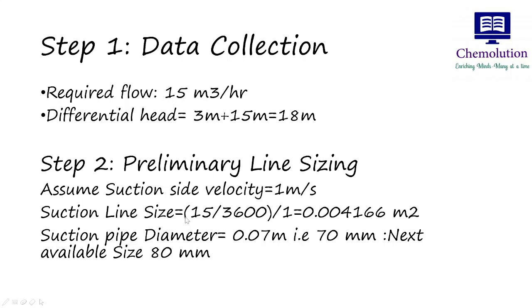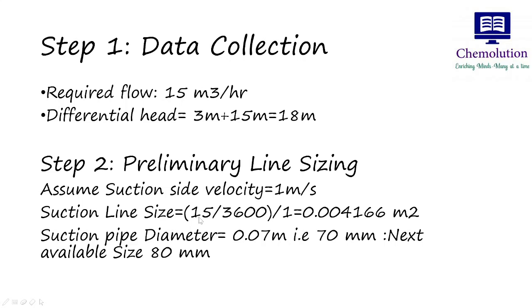So we apply the continuity equation, which is Q equal to A into V, where Q is flow rate, which is 15 meter cube per hour, A is cross section area of the piping, and V is velocity. So cross section area of piping is basically Q divided by velocity, volumetric flow rate divided by velocity. So why is this 3600 appearing here?